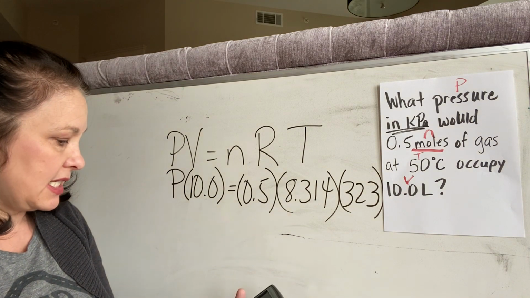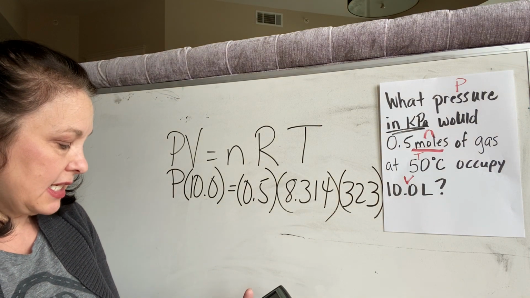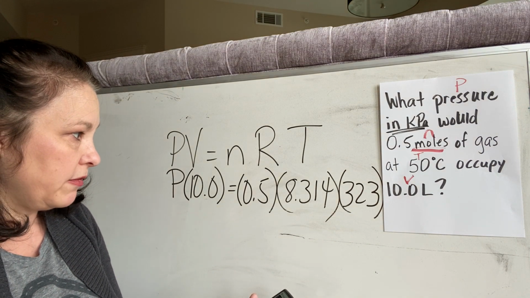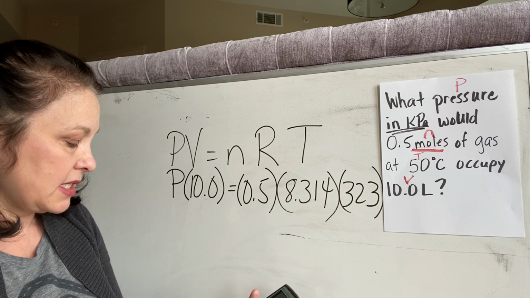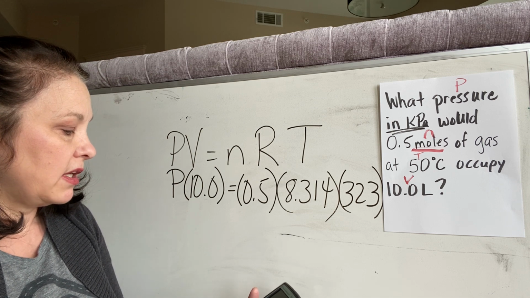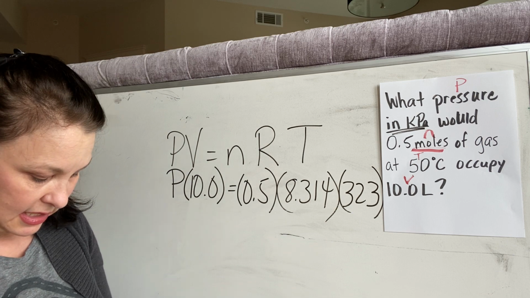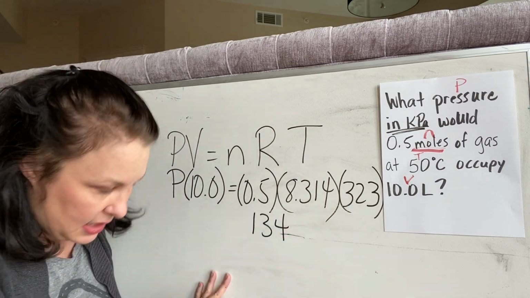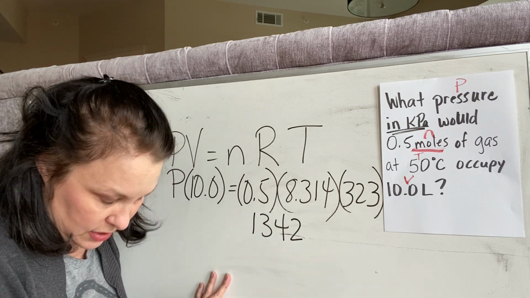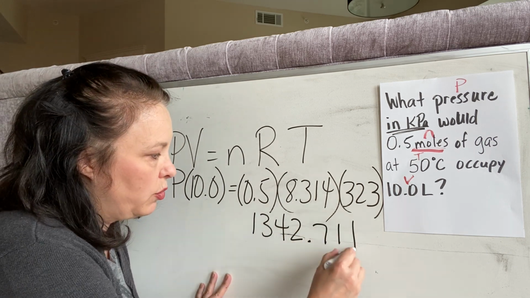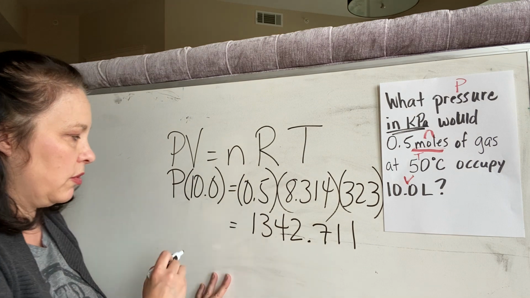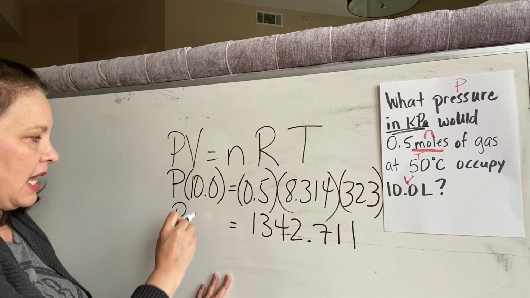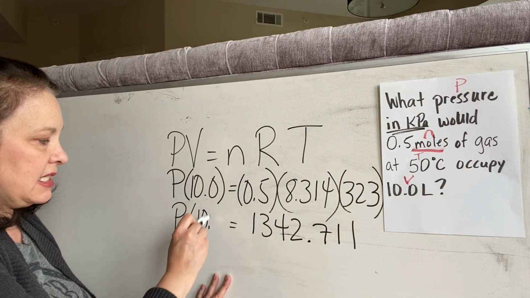So I'm going to say 323 times 8.314 times 0.5. And I'm going to get 1342.711 equals P, and then this is 10 point that.